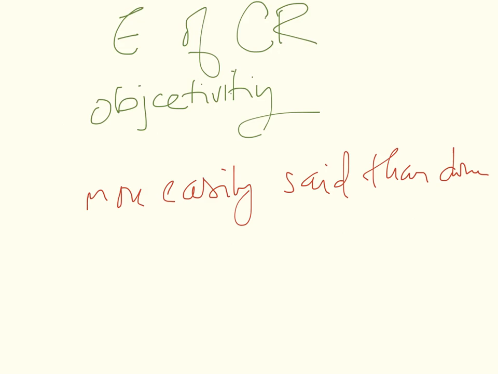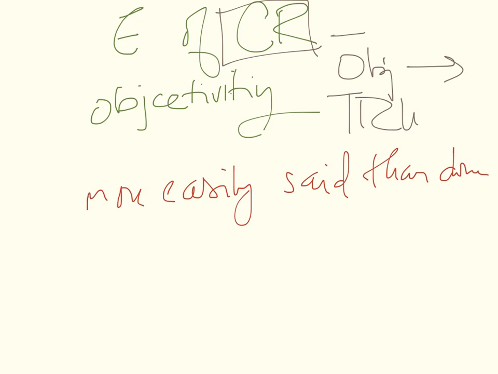And this is a lot more easily said than done. It's really hard to know whether or not you're being objective at the heat of the moment. However, the goal of critical thinking is to try to be as objective as possible in the pursuit of getting at the truth of a claim.